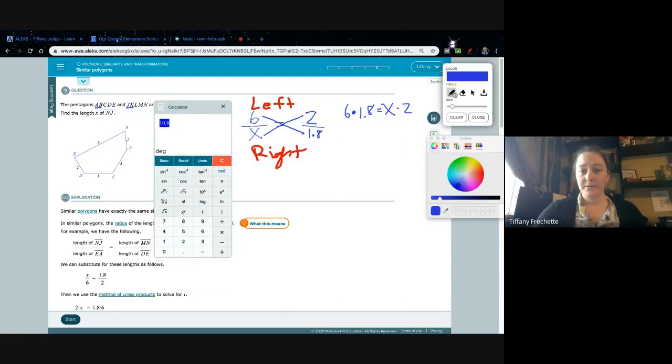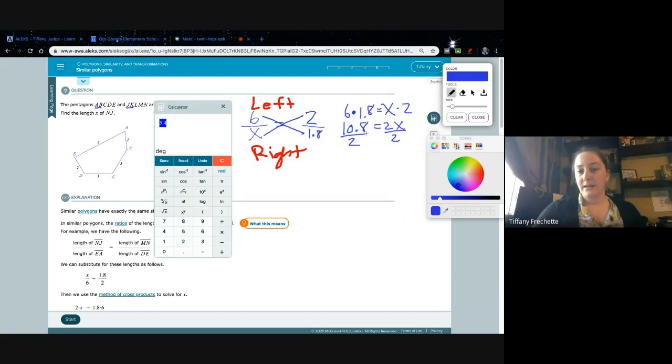So we have 10.8 equals 2x. This is the proper way to write it because remember they get squished together when they're multiplying, but the proper way to do it is coefficient and then variable. So the last step here is to divide by 2. And I'm going to come back over here to my calculator and I go divided by 2 equals 5.4.